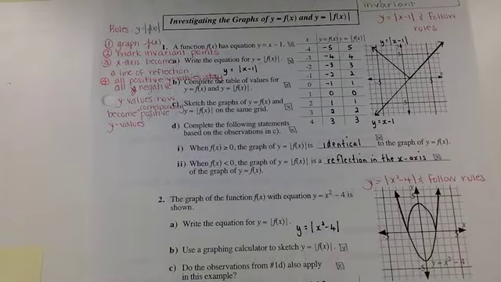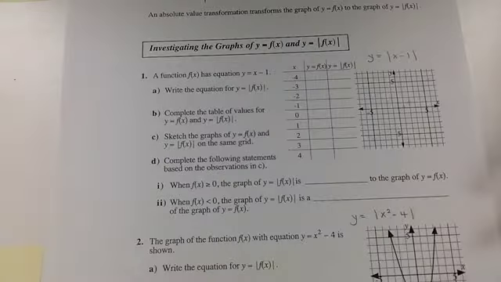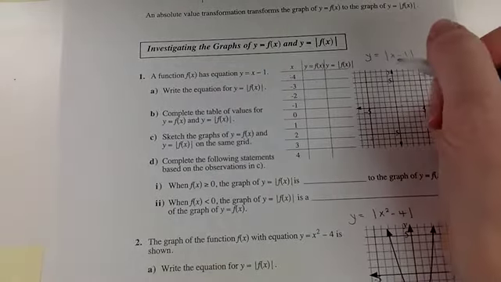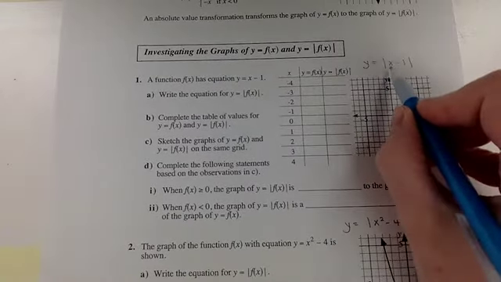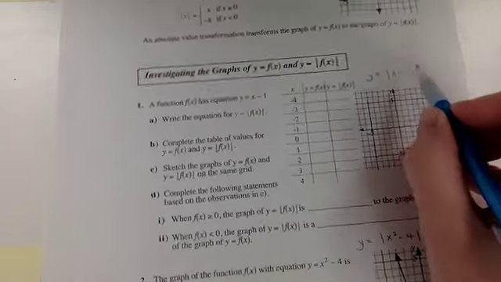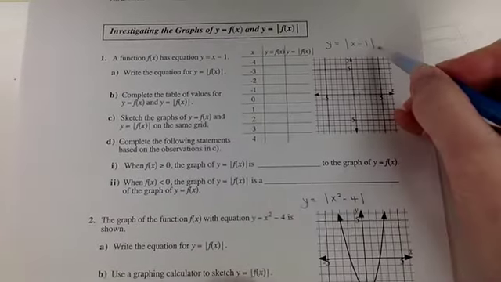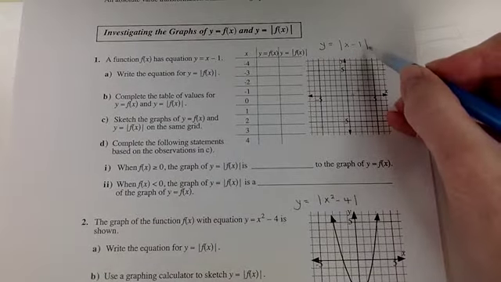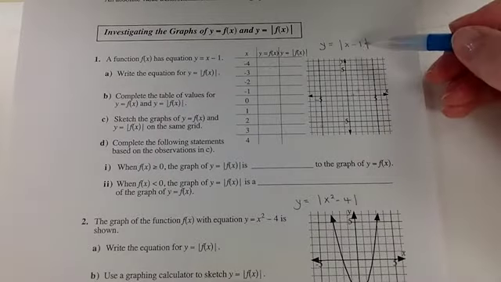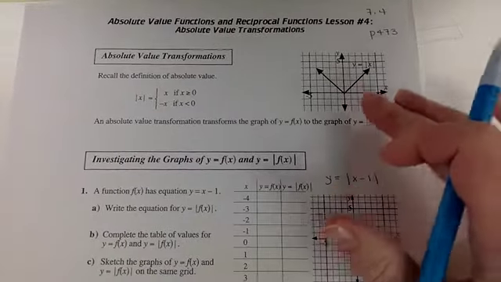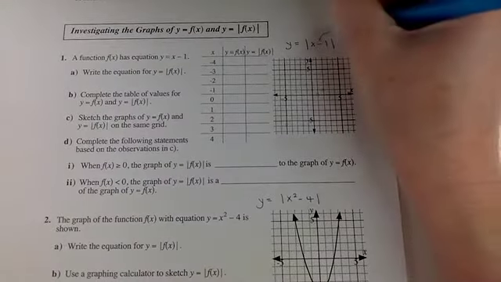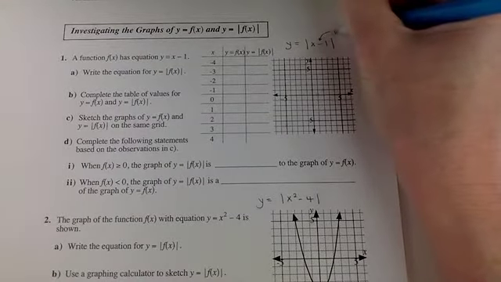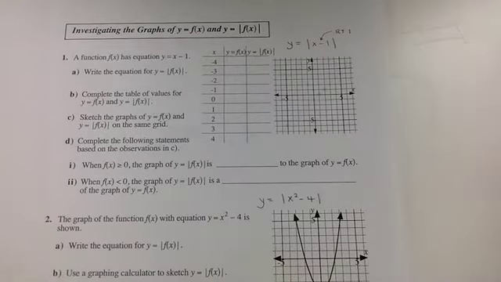So on your sheet now, we're going to use their space and graph y equals absolute value of x minus 1. When we think about this function, we know that this is our V shape because it's the absolute value, and this tells us that it will be moved right 1.